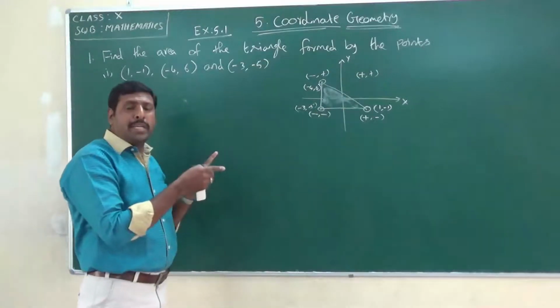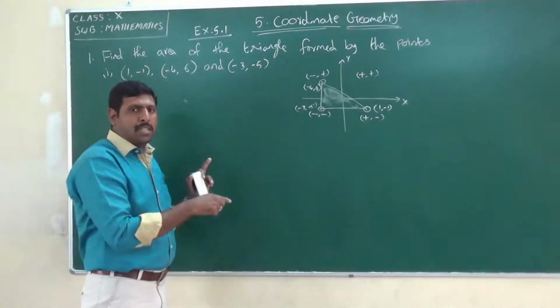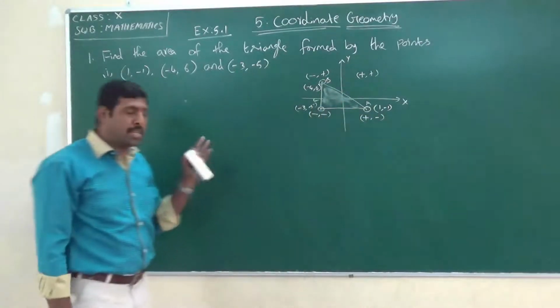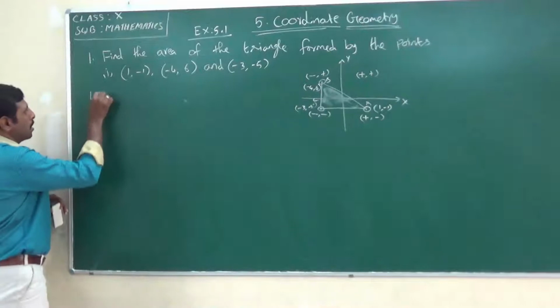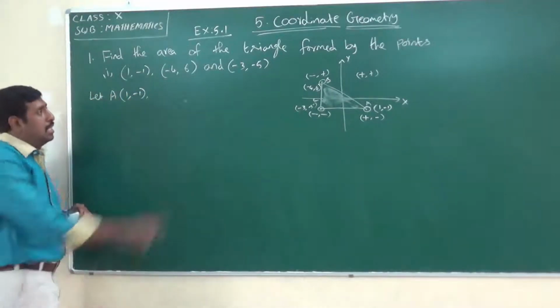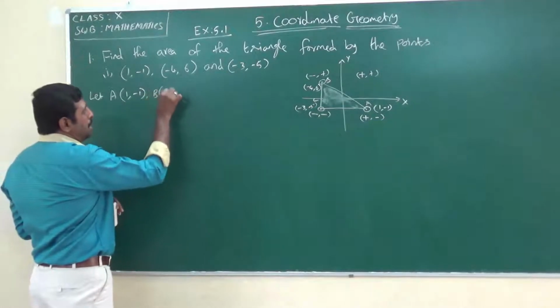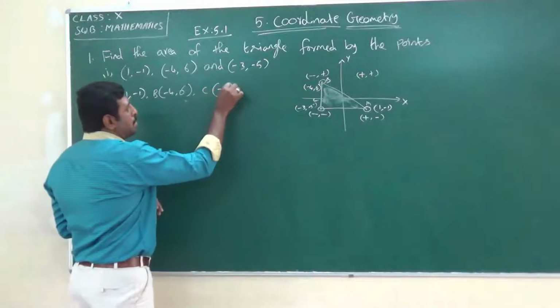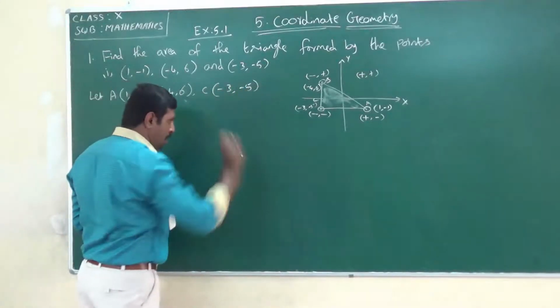Now the points should be taken in an anti-clockwise direction. So let me take that this is A, B, and then C points, right? Let A be (1, -1), and then the B point as (-4, 6), and then the C point as (-3, -5).